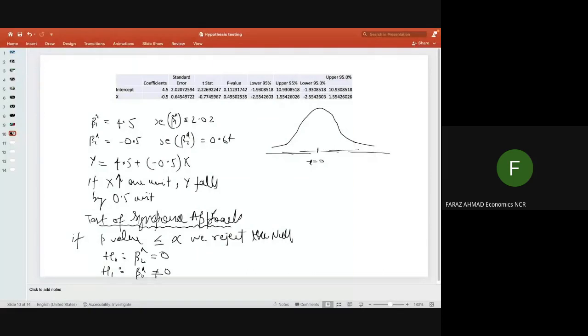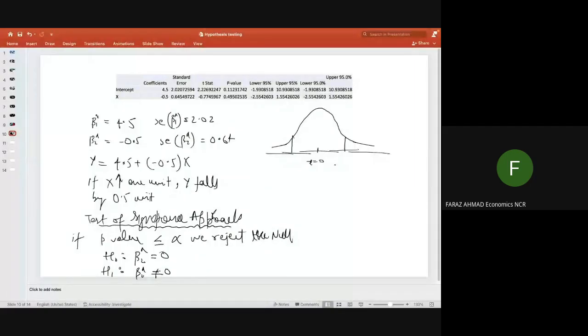So we have a null hypothesis that beta 2 hat is equal to 0, and we have an alternate hypothesis that beta 2 hat is not equal to 0. So it's a two-tailed test, and we try and find the p-value. Now, what is the p-value?